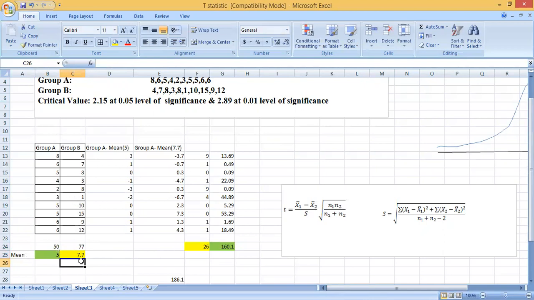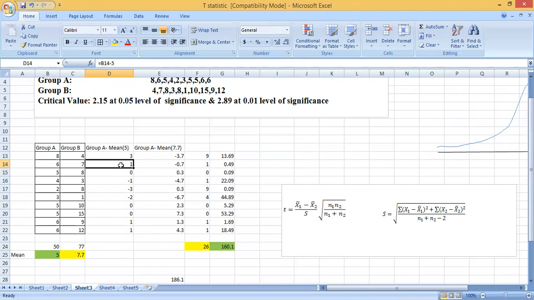Now we have to subtract 5 from each element of group A and 7.7 from each element of group B in this column. I have written it this way: 8 minus 5 equals 3, and 6 minus 5 equals 1.